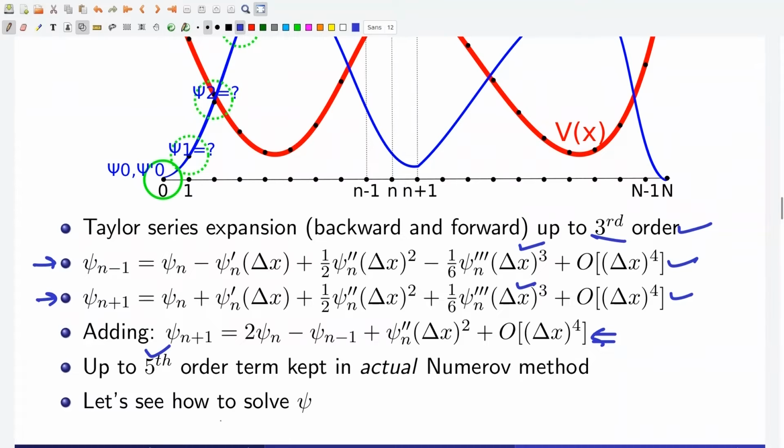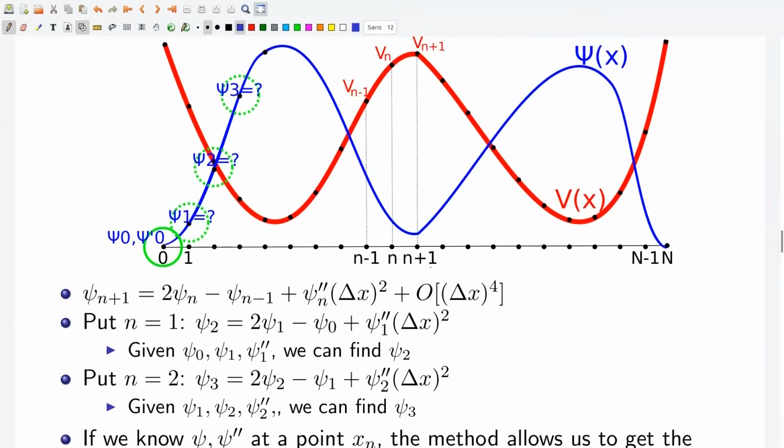Now, let us see how we solve for psi from this. So we got this equation by adding the forward and backward Taylor series. Now, if we put n equal to 1 in this equation, what we get is psi 2 is equal to 2 psi 1 minus psi 0 plus psi 1 2 dashed delta x square.